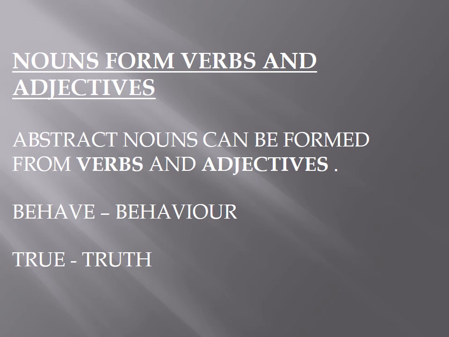In the same way, true is an adjective, but we can change it into truth and it becomes an abstract noun. So a word can have different forms and we have to make slight changes to change it into a noun or verb or adjective.